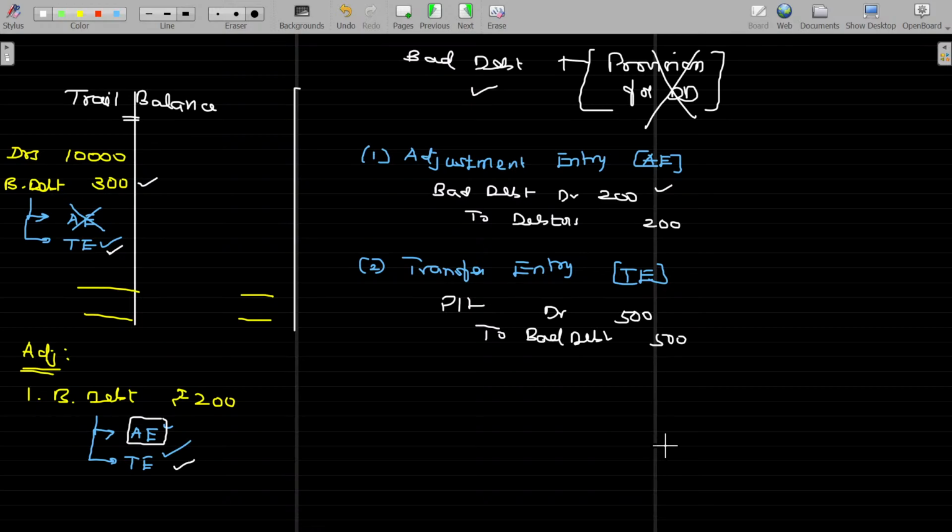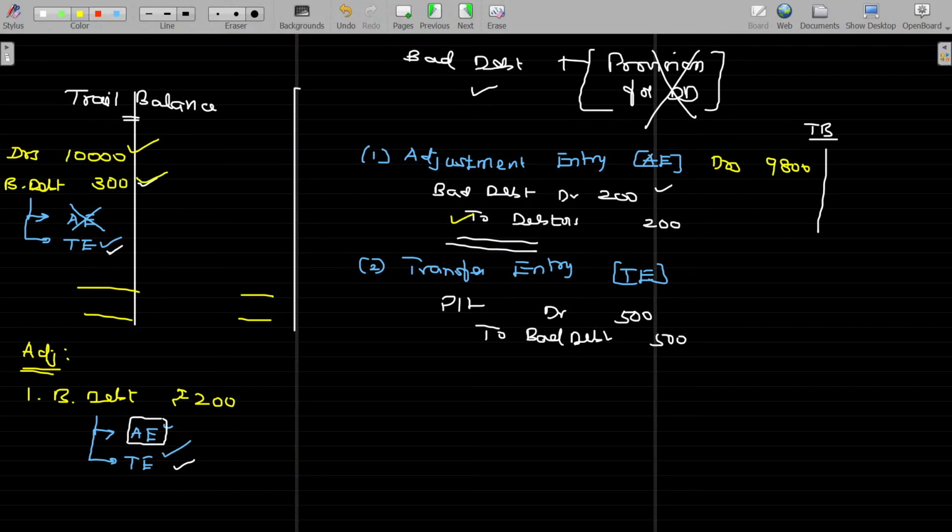Both. Right. See, forget about the transfer entry. If I prepare the trial balance immediately after the adjustment entry, how would the new trial balance look? Debtors originally 10,000. Because of this adjustment entry, debtors is credited by 200, then debtors is 9,800.